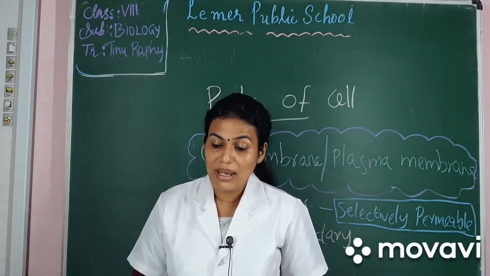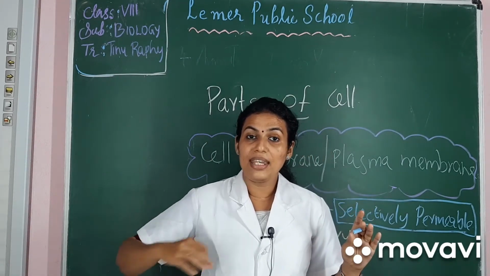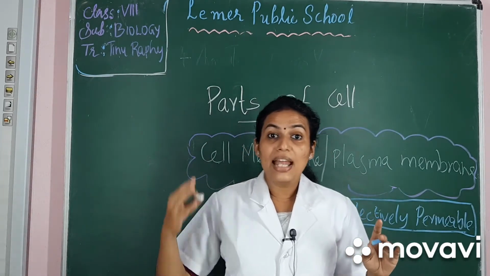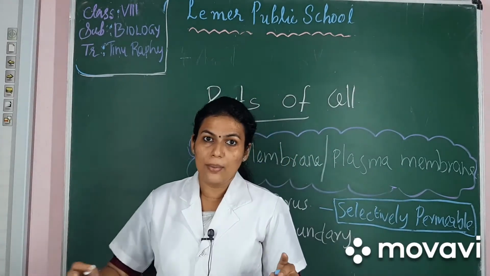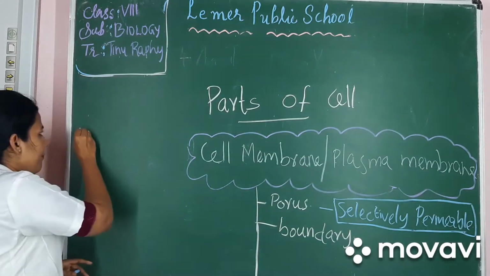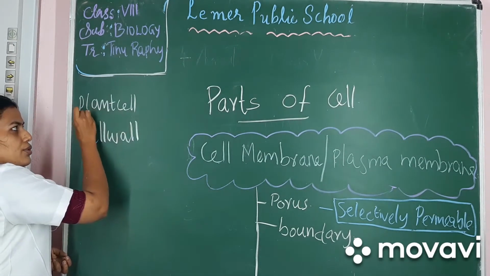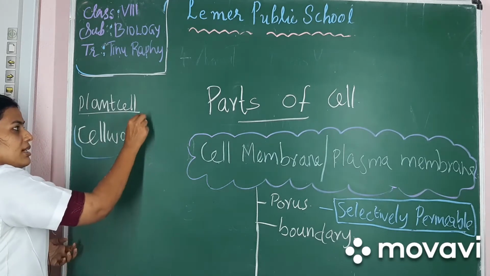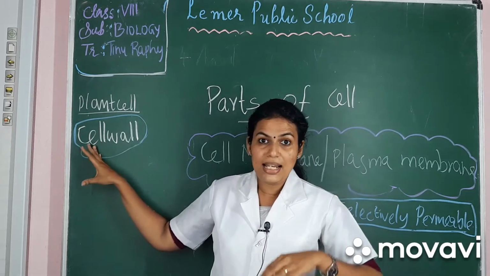Now teacher just mentioned when I showed the plant cell that plant cell is having an extra covering, and that extra covering is called a cell wall. So plant cell has an outer cell wall. So that is a difference between plant cell and other cells.